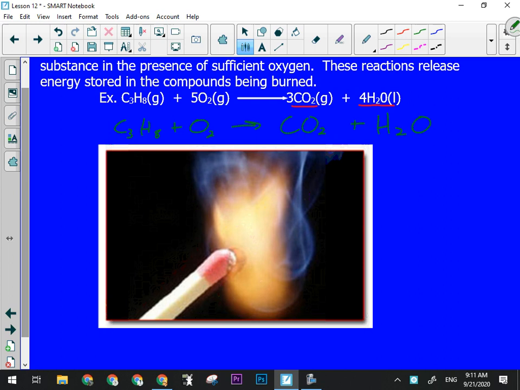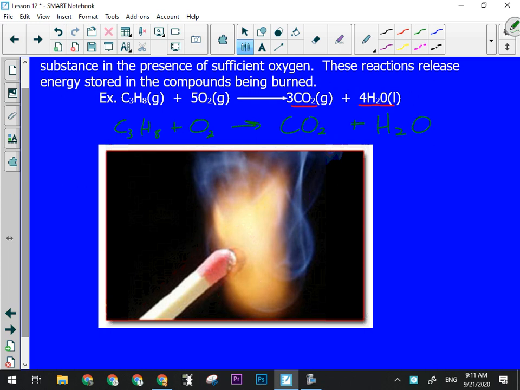Right now, is that reaction balanced? No. On this side there are 3 carbons. Over here there are how many? 1. Over here there are 2 oxygens. Over here there's how many? 3. 2 here, 1 there. And obviously the hydrogens are way out of whack. There's 8 and 2. I need to make this work.